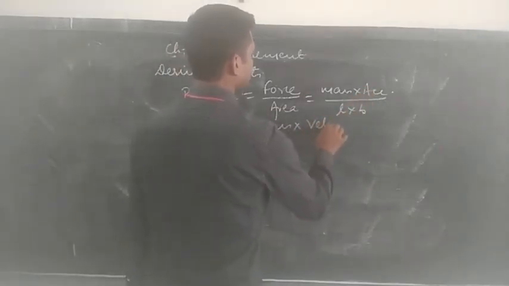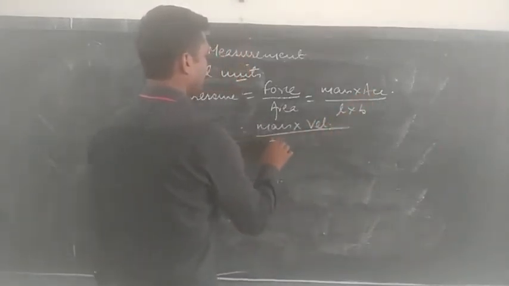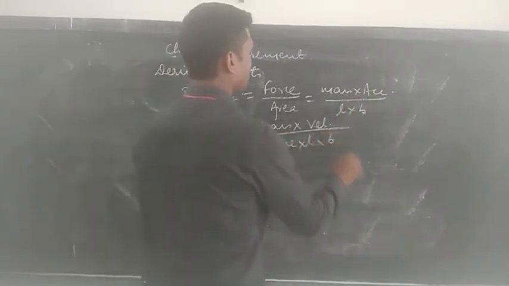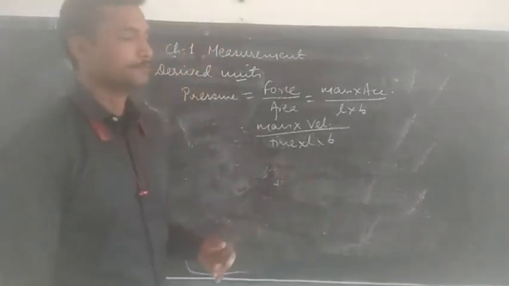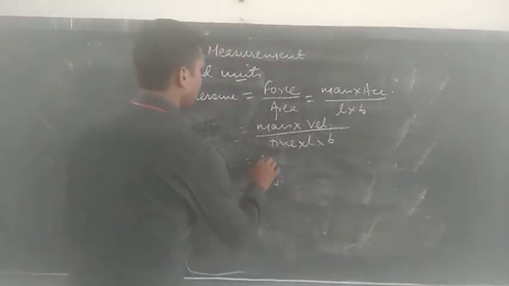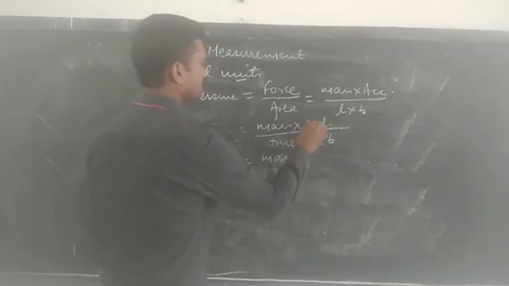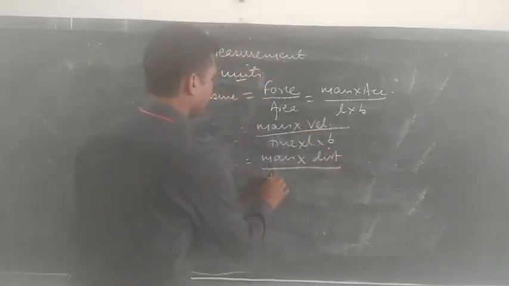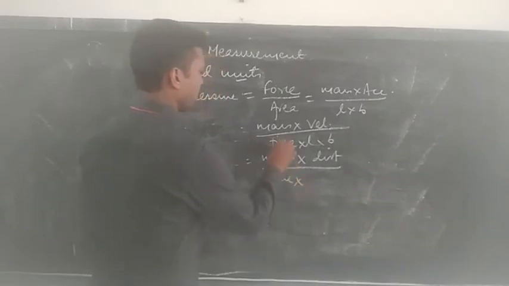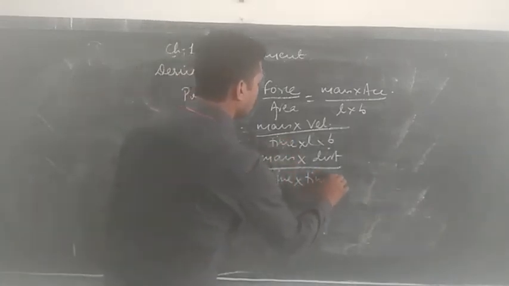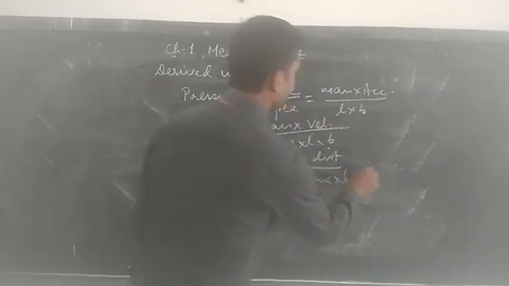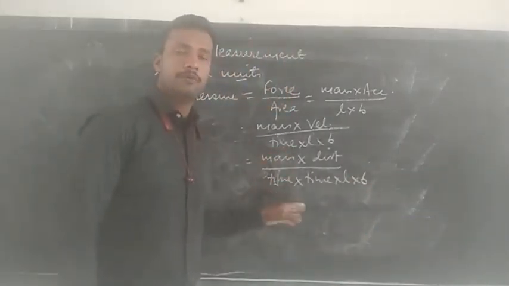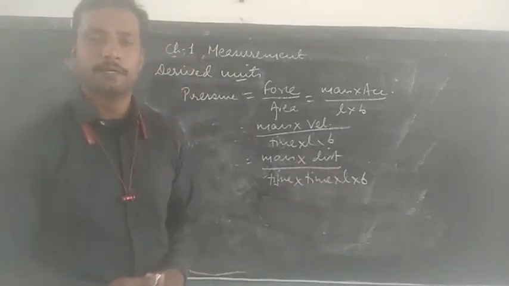Acceleration can be written as velocity divided by time, and length and breadth are already fundamental quantities. Similarly, express this velocity as distance divided by time, and this time is already there, multiplied by length into breadth. Now all are fundamental quantities.